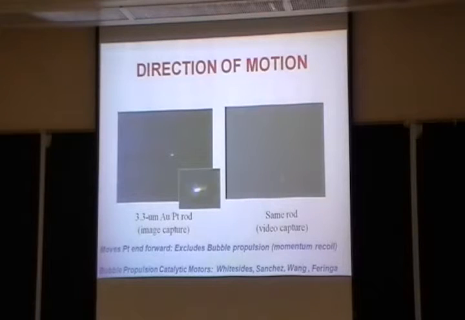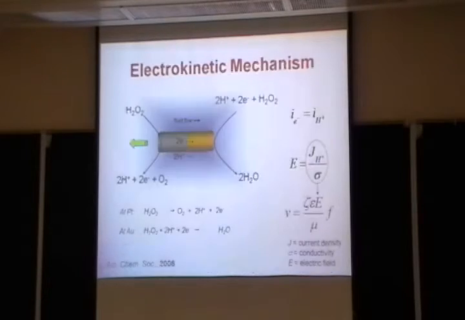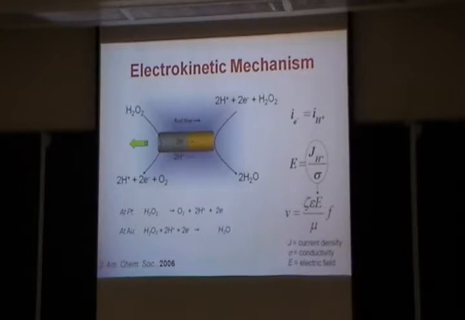And when we first sent this paper in, that's what we proposed. And it turns out we were wrong. So having eliminated all the mechanisms, we are left with this mechanism that I talked about.